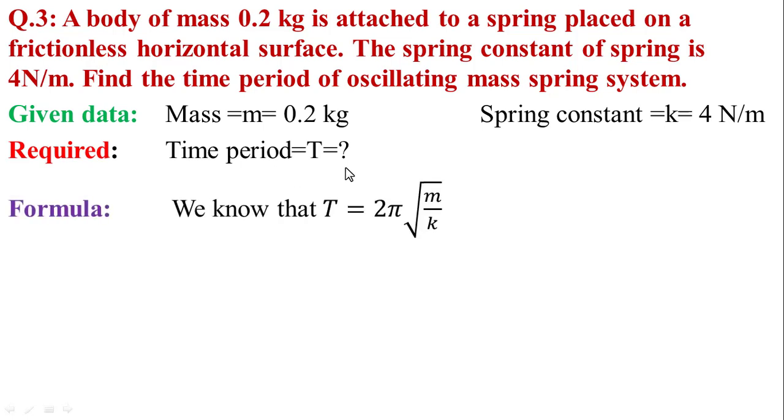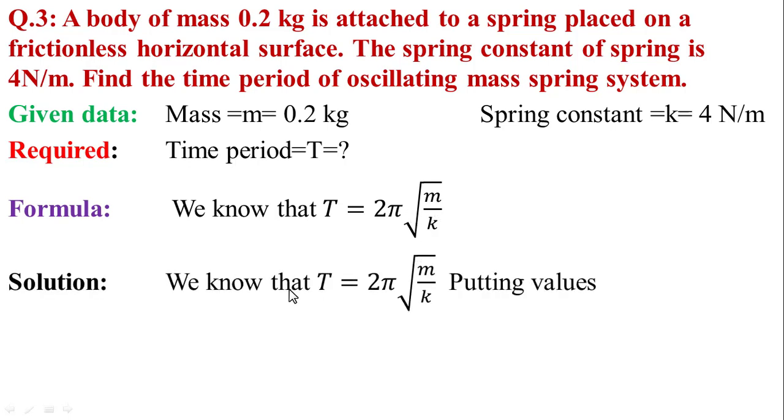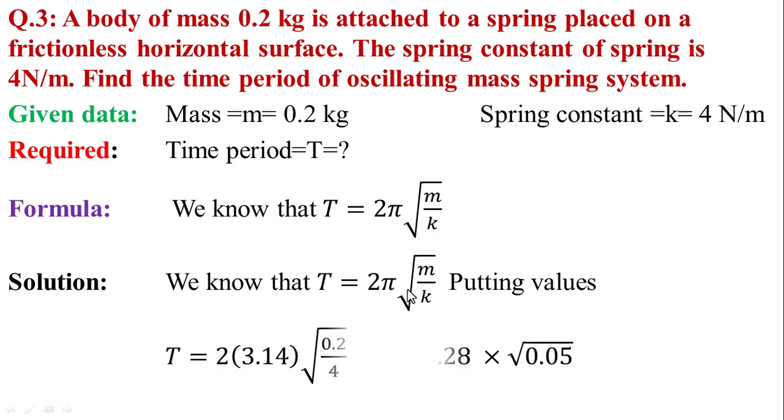We know that in the spring constant case, time period is equal to 2 pi square root of m over k. Then we use the formula T is equal to 2 pi under root m over k. So putting the values, we find the solution. T is equal to 2 pi, value 3.14, value of mass 0.2 divided by the value of spring constant 4.